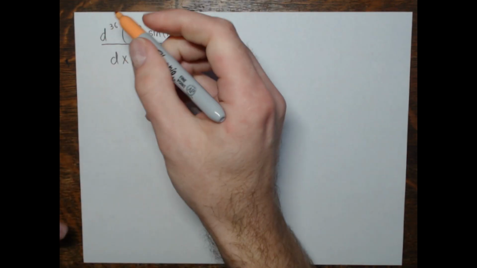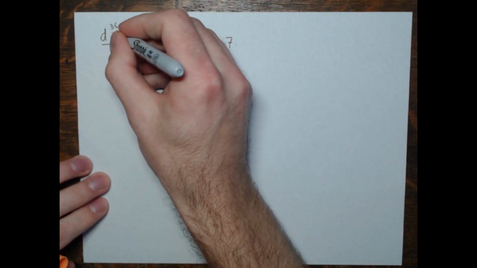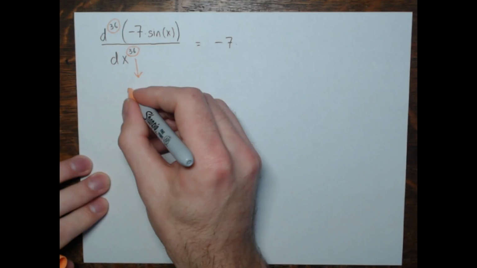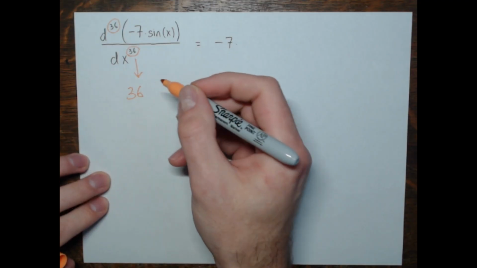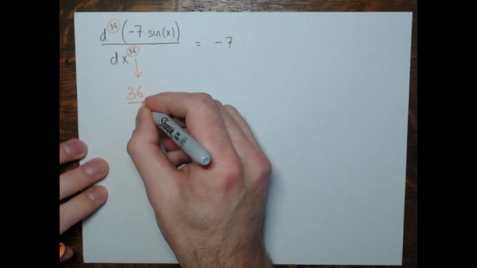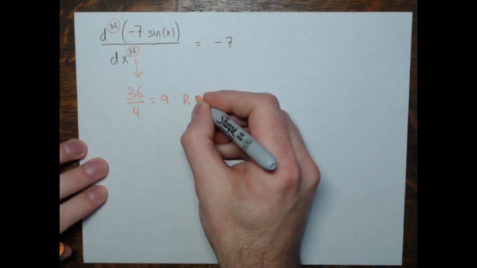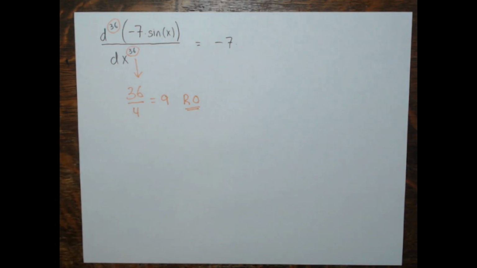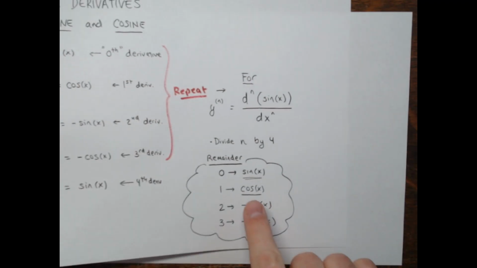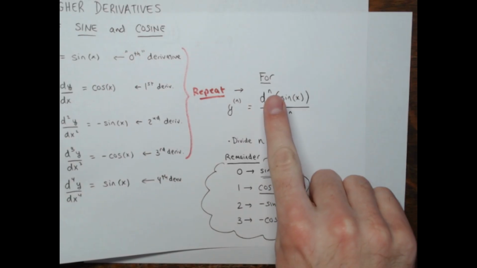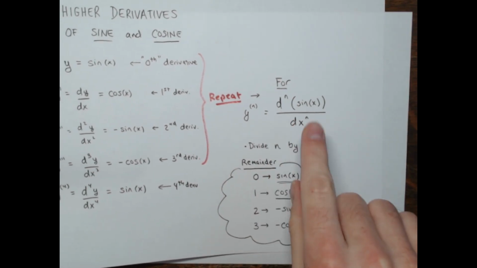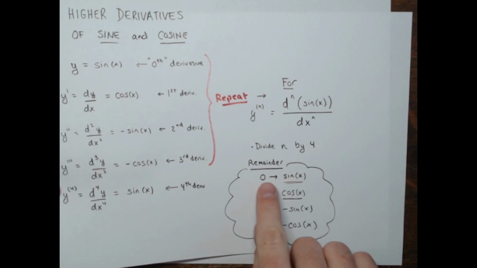So you take this derivative you're taking, 36. 36, when you divide it by 4, that's 9 with a remainder of 0. 9 R 0, 9 with a 0 left over. 36 is a multiple of 4. And if you recall from my page earlier, if you're doing a multiple of 4 derivative, 0, 4, 8, 12, you're right back to where you started.